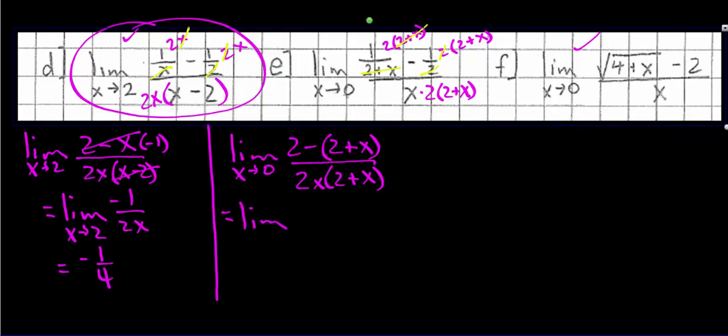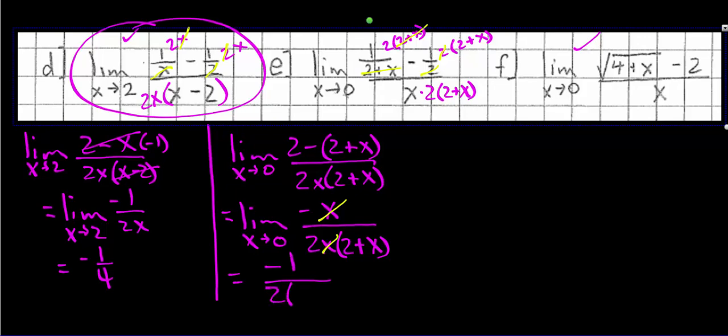We've got the limit as x goes to 0 of -x over 2x(2 plus x), because those 2's got rid of each other. Now the x's cancel. Well, that solves our problem, because now plugging in a 0 will not give us 0 on the bottom. What we get is -1 up top, and on the bottom, 2 times 2, or -1 over 4.